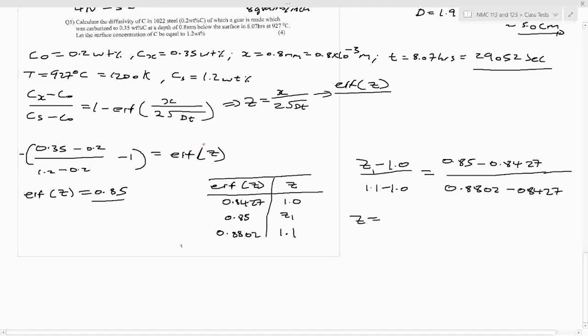Let me just fetch my calculator. The z value that I get is 1.0195, and we know that z is equal to x over 2 root Dt.